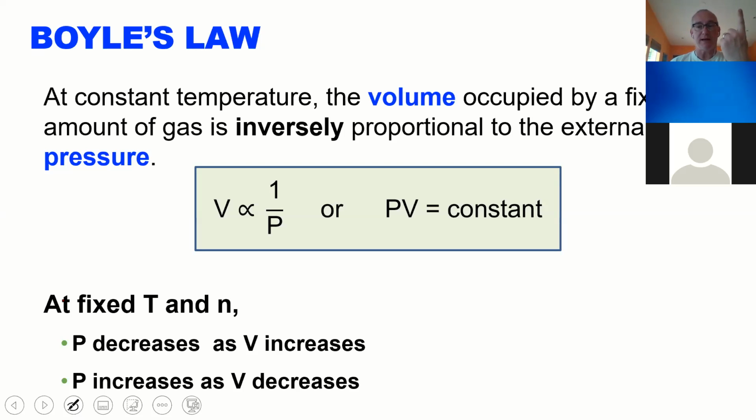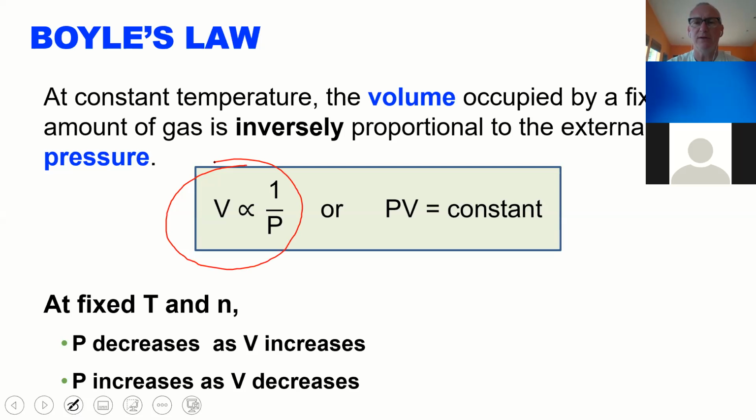So if the volume goes up, pressure goes down. And exactly the same way, if you decrease the volume, you now have less space for those molecules to move around. So they have more chance of coming in contact with the sides of the container than they did before. So we would say that this is an inverse relationship.